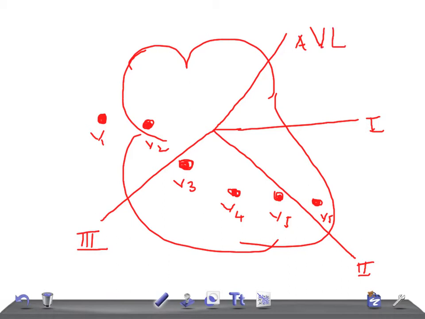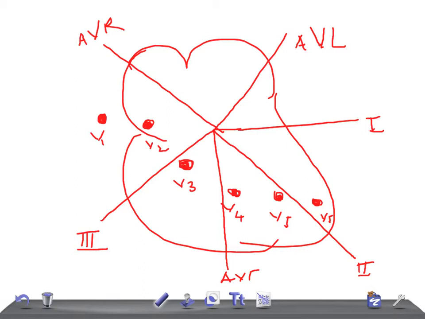Then we have the right shoulder, that's AVR. Then if you draw this perpendicular, it's gonna be AVF. Okay guys, so these are the different angles of EKG strips that read the heart in different directions.